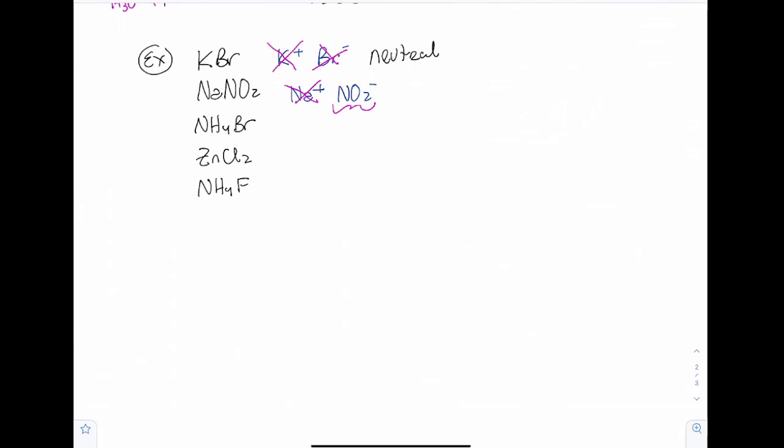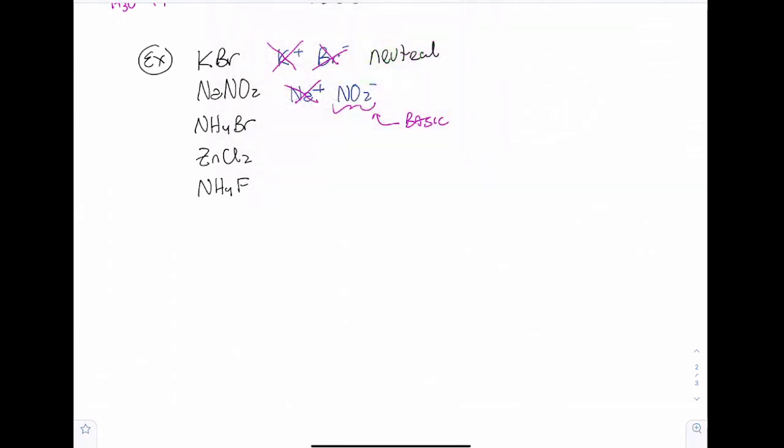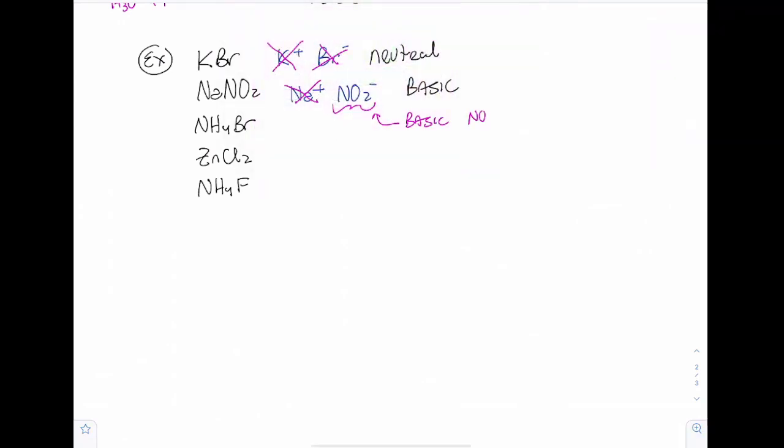Nitrate ions, NO3 minus, are going to be inert. NO2, however, NO2 minus, this is going to be basic. So if I have sodium nitrite, I expect a basic pH, right? NO2 minus will react with water. I'm writing my base dissociation equilibrium equation here to produce hydroxide plus the conjugate acid.